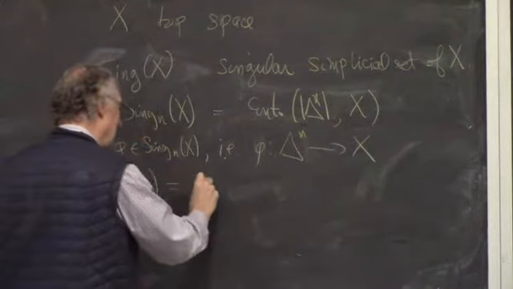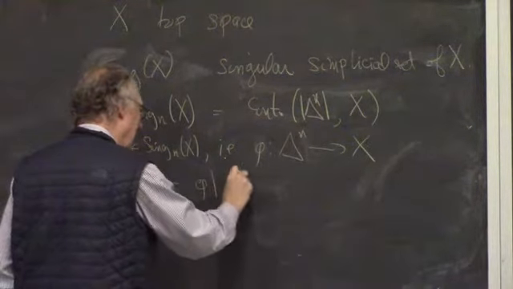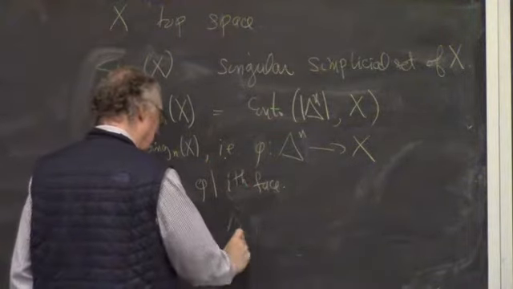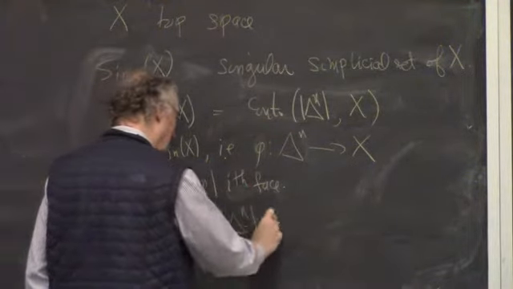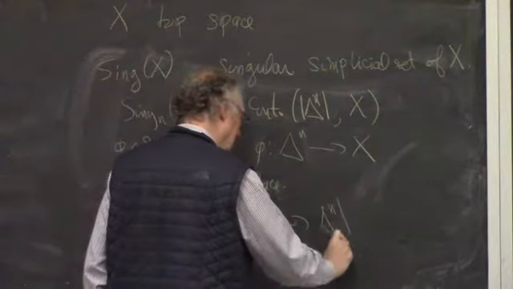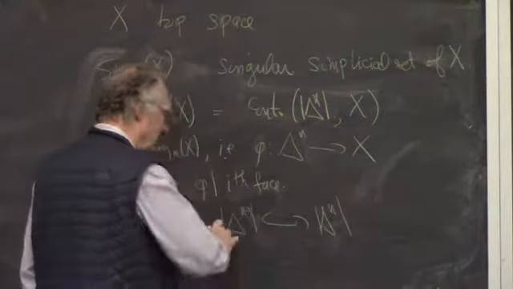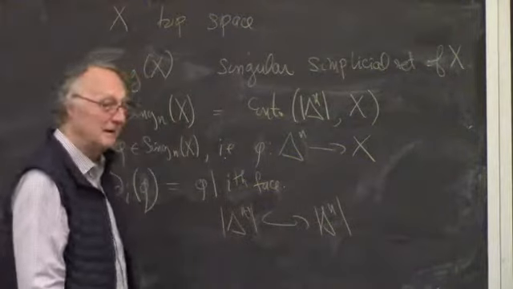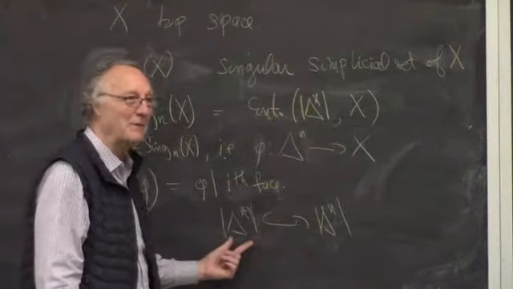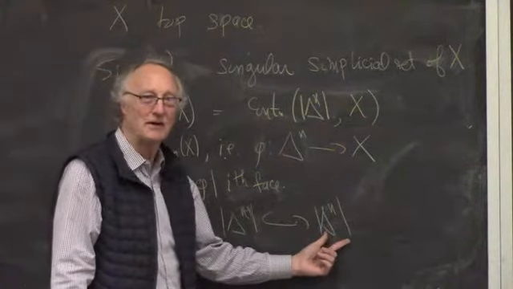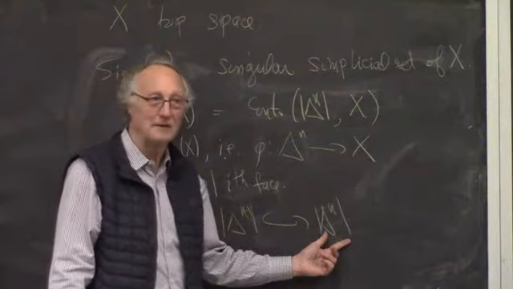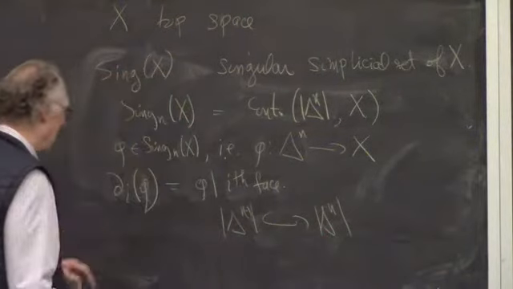And this is simply phi restricted to the ith face. The ith face is what we were talking about before. The inclusion of delta n minus 1 into delta n is a simplicial map, so it's determined by what it does to the vertices. The vertices map in an order-preserving fashion, skipping the vertex I. So that's what delta I is.